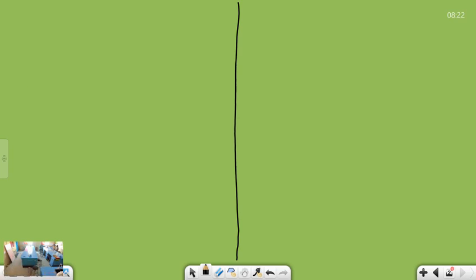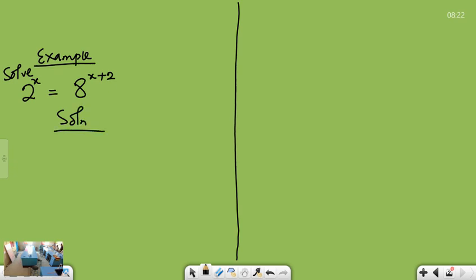So now, for example, you are asked to solve 2 raised to power x equals 8 raised to power x plus 2. How do you go about this? To go about this, we still follow the same procedure.